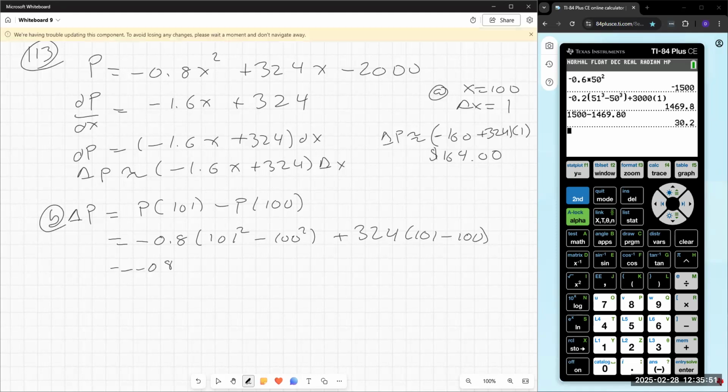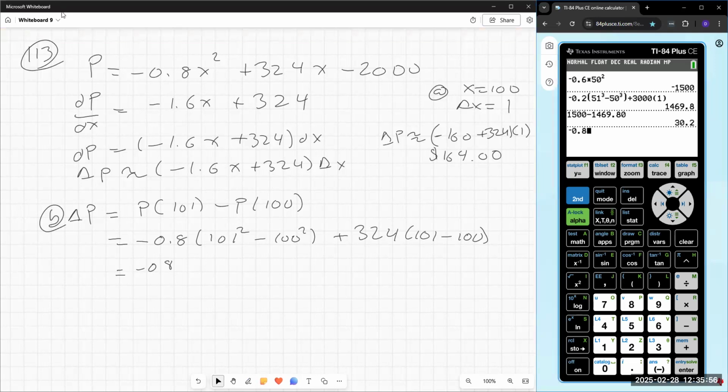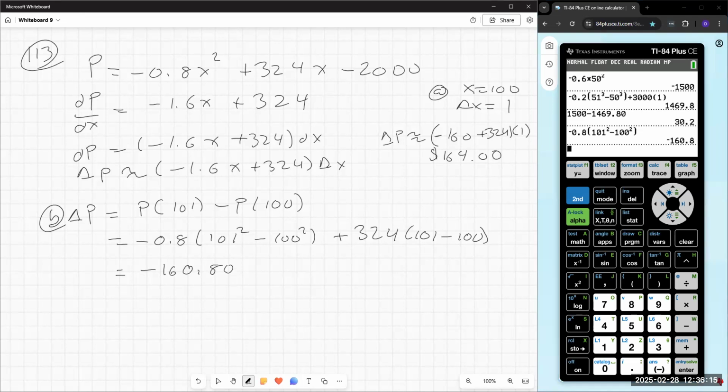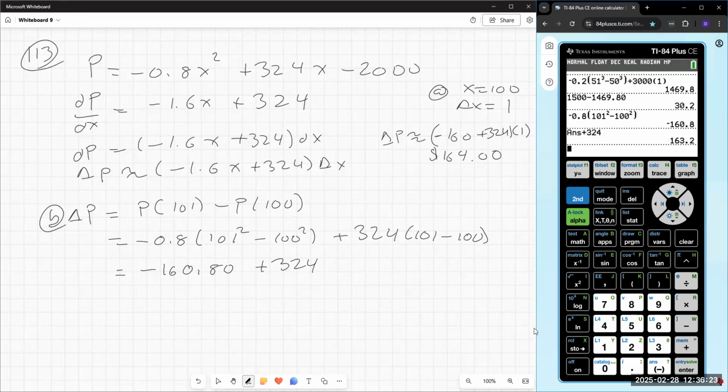Negative 0.8 times 101 squared minus 100 squared is negative 160.8 plus 324, is 163.20.